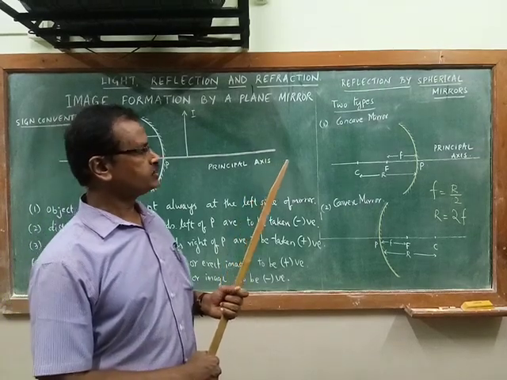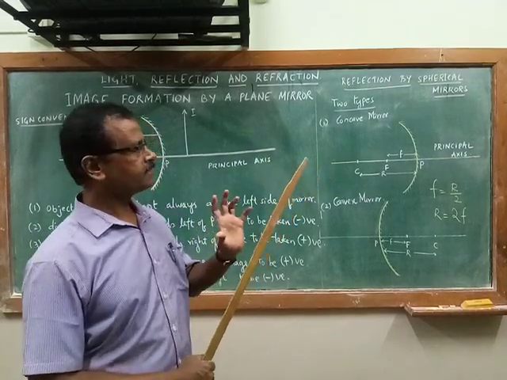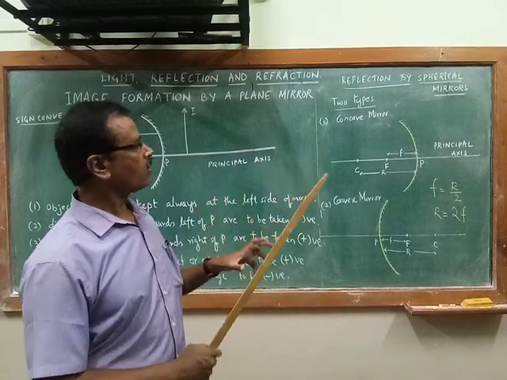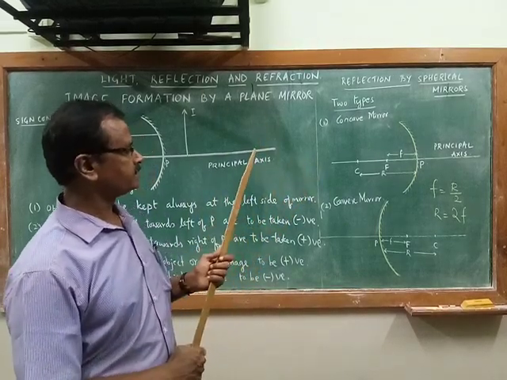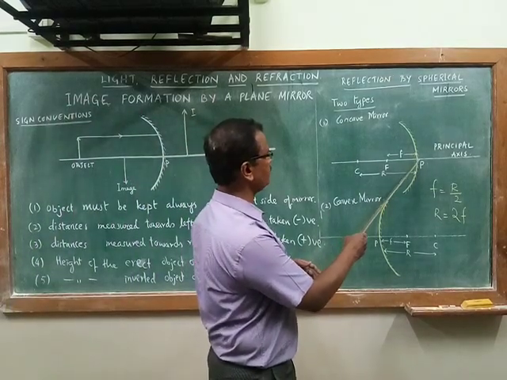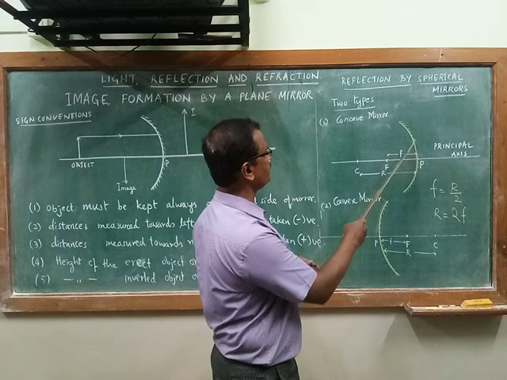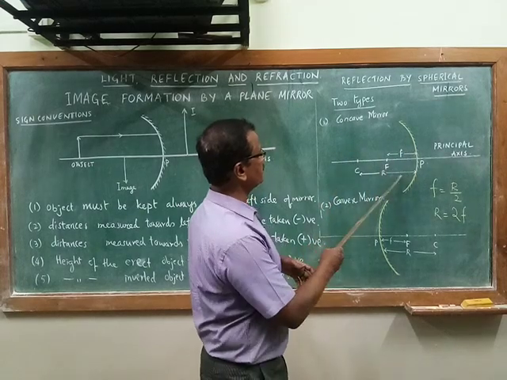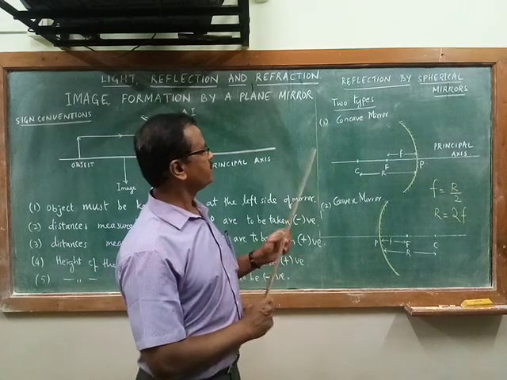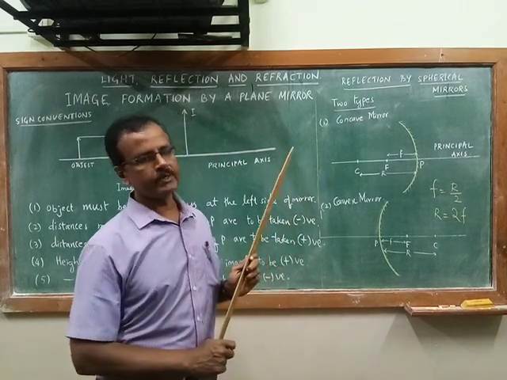A concave mirror is used as a reflector in the torch and in the headlight. At the pole you will find a source of light, and the light which falls on the mirror will be reflected and form a reflected beam of light. So this is one of the important uses of the concave mirror.